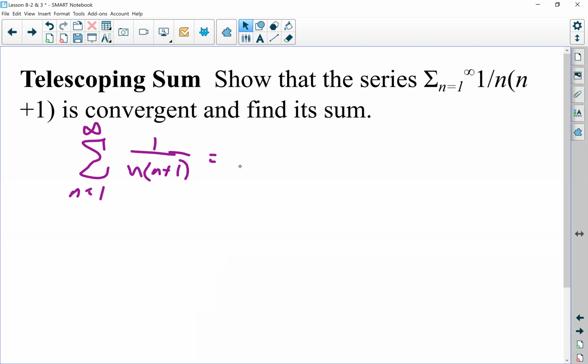If N is 1, I would get 1 over 1 times 2, or 1/2. If N is 2, I would get 1 over 2 times 3, or 1/6. When N is 3, I get 1 over 3 times 4, which is 1/12, and so on.